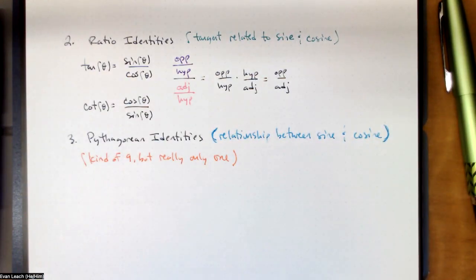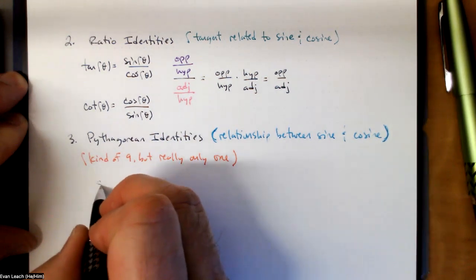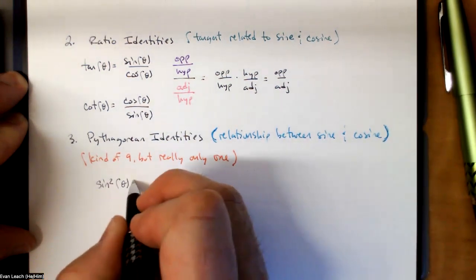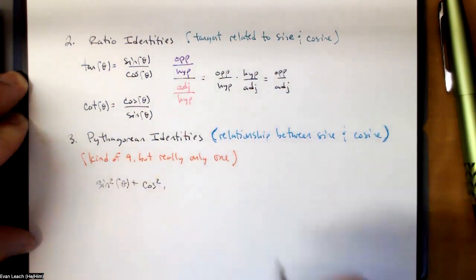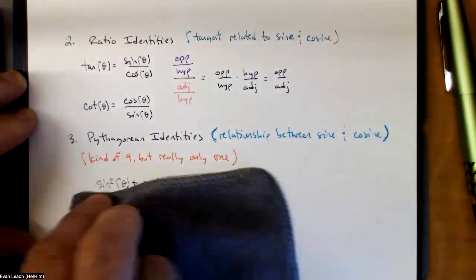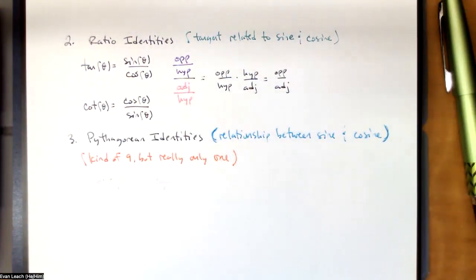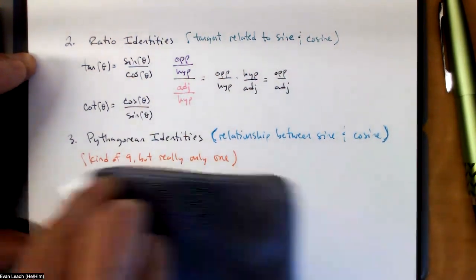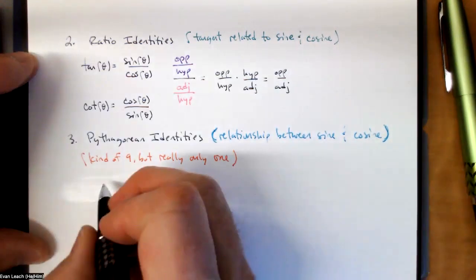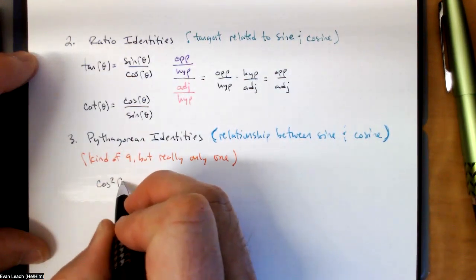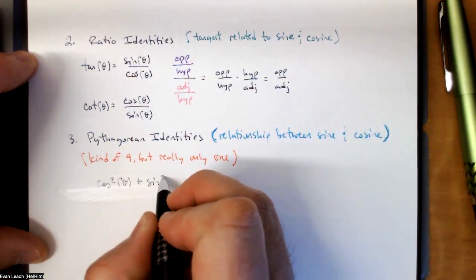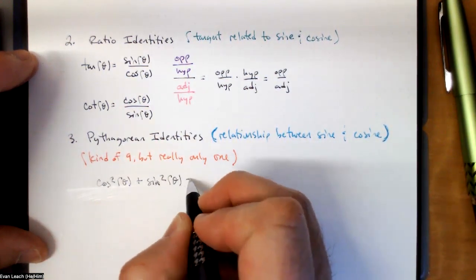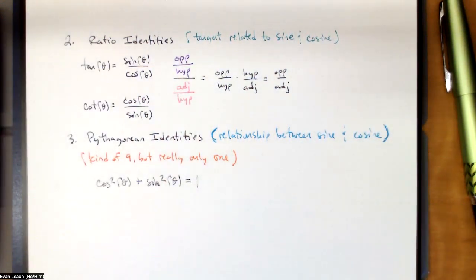Here's the really only one that you need to know. The main Pythagorean identity that you need to know is cosine squared plus sine squared equals 1.